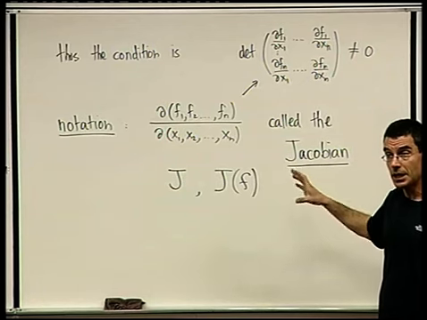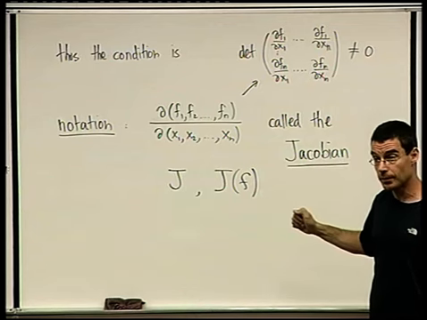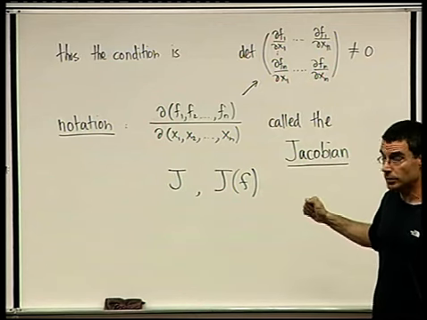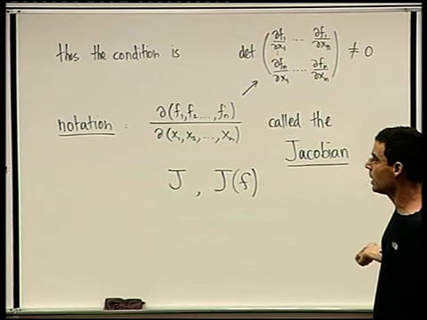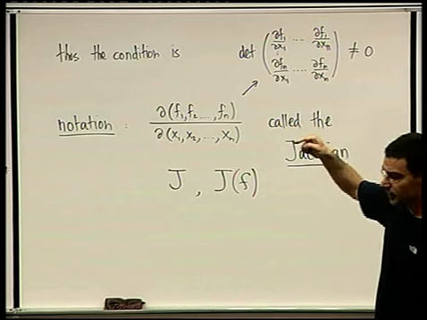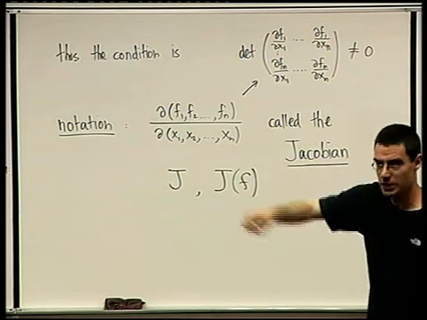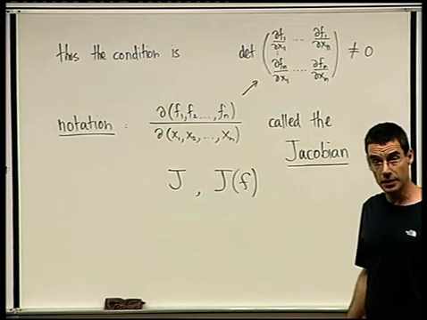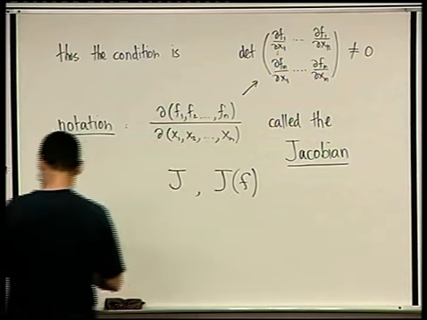In many different cases, we're going to see that the Jacobian plays a role. So in this theorem, we didn't write the theorem. The theorem is that the answer to the question is, if the Jacobian is not zero, then we can invert the system. So maybe let's write that.